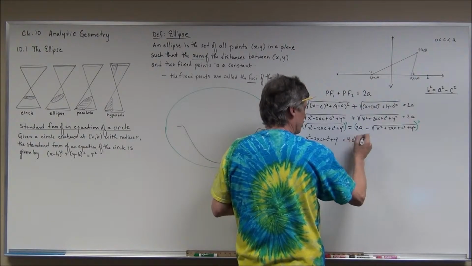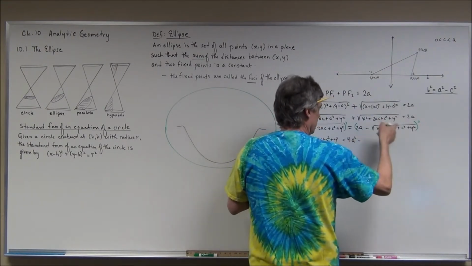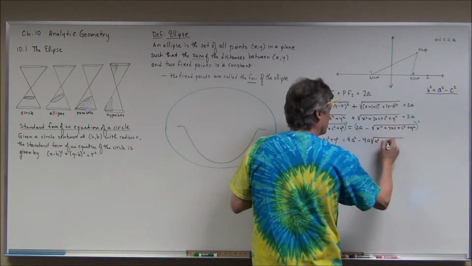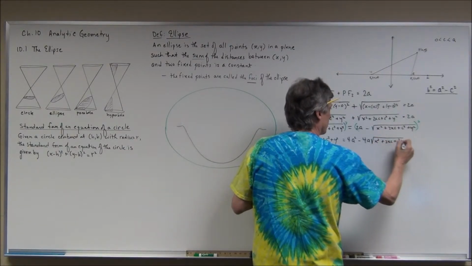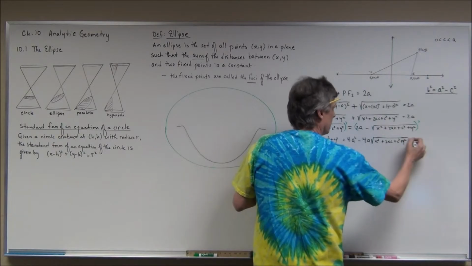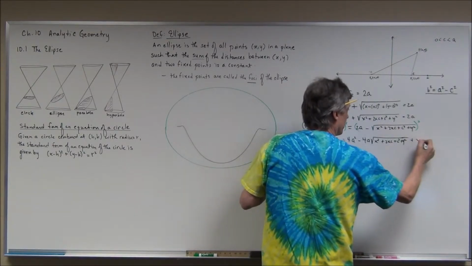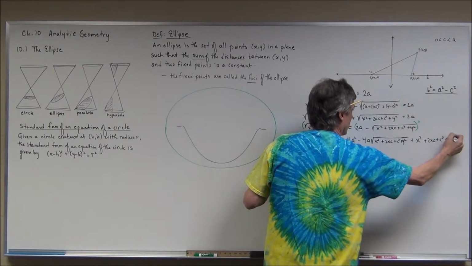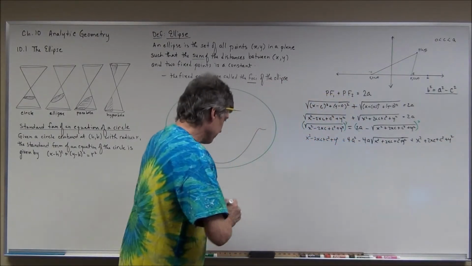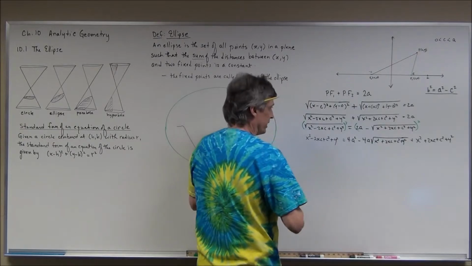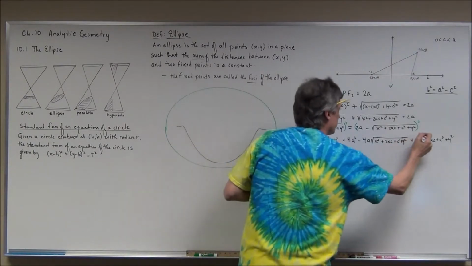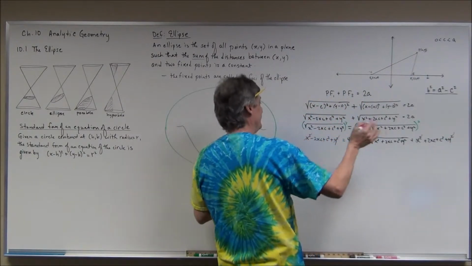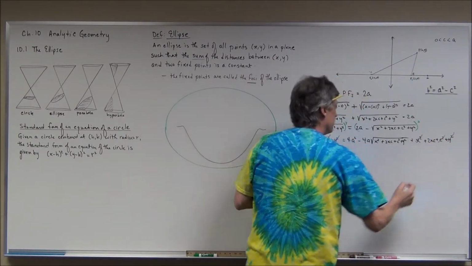This is going to be 4a squared minus 4a times the square root of x squared plus 2xc plus c squared plus y squared, plus the last one squared, that'd be x squared plus 2xc plus c squared plus y squared. Now for convenience's sake, I'm going to subtract x squared from both sides. I'm going to subtract y squared from both sides. I'm going to subtract c squared from both sides.